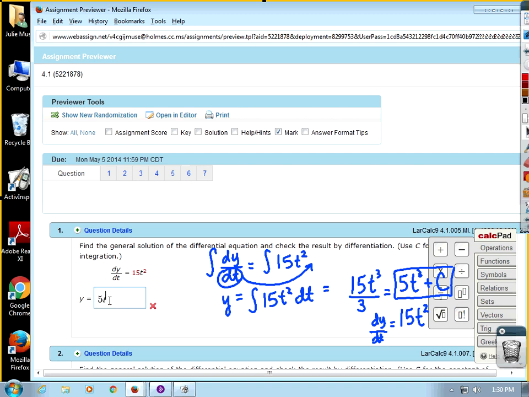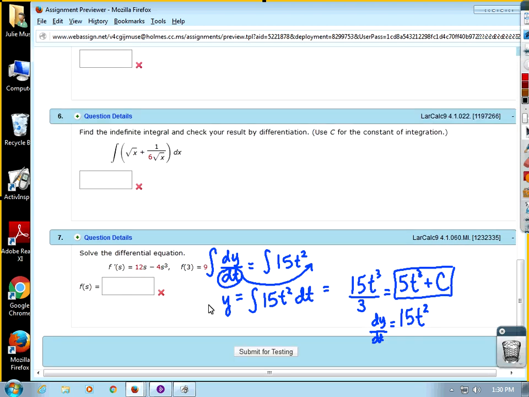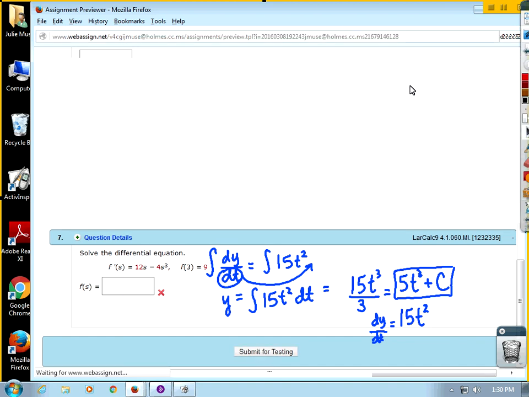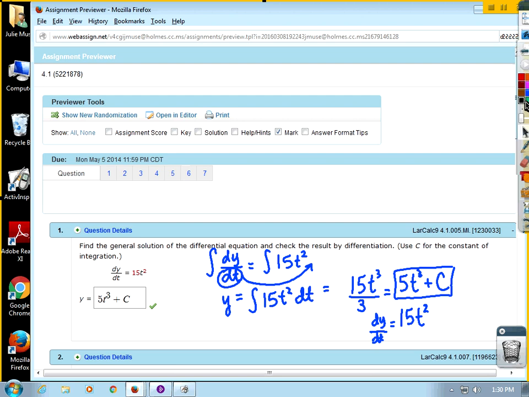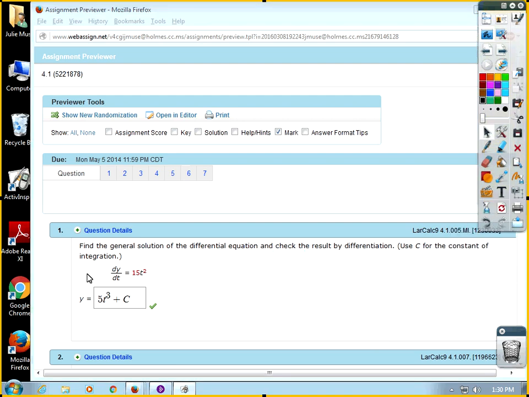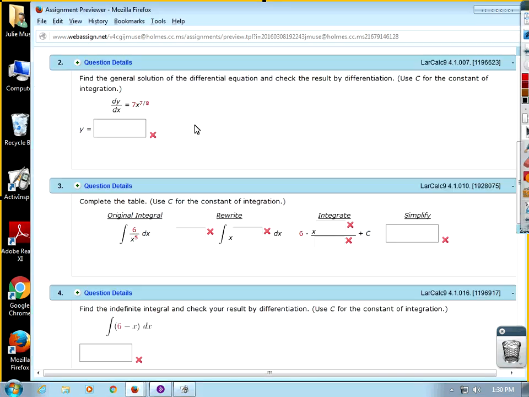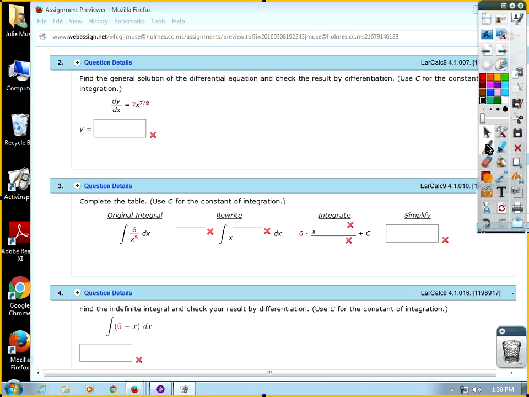So 5t cubed plus c. All right, so that's correct. Next problem.